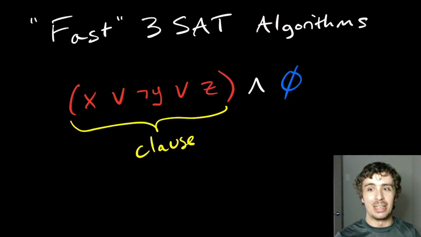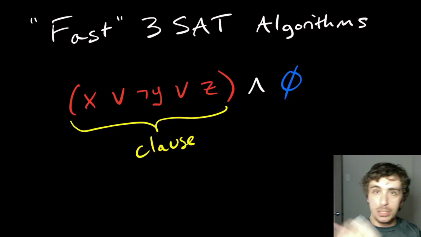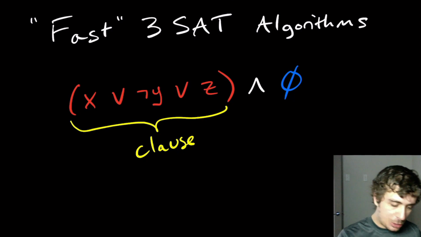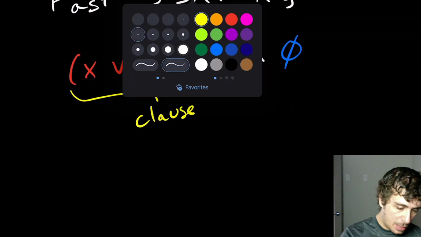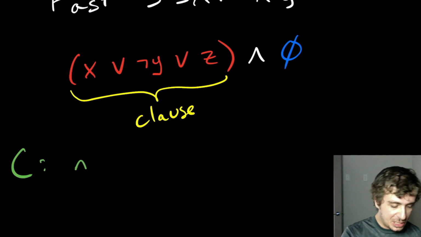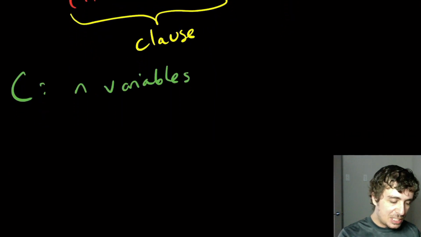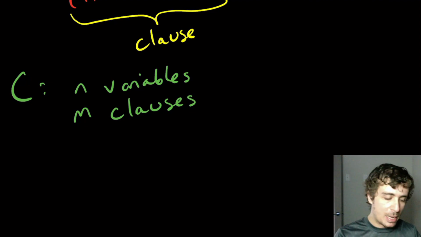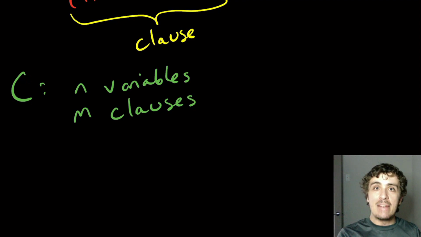So let's get started. Let's talk about a naive brute force algorithm, and then we'll try to iteratively improve upon that. Let's say that we have some input instance, let's call it C, which has n variables and m clauses.